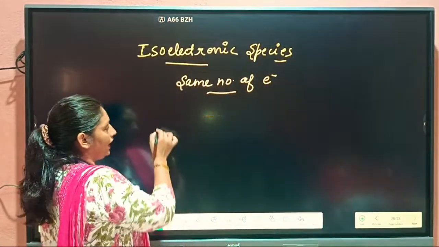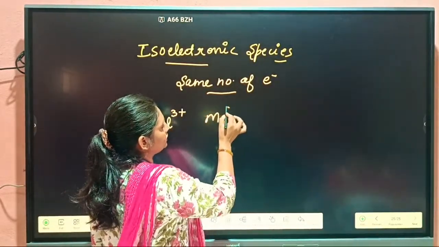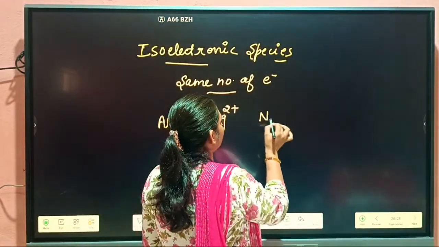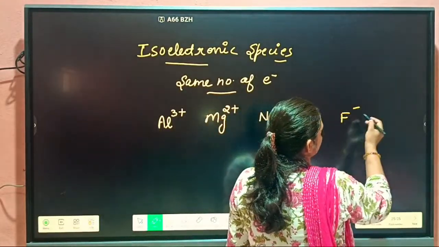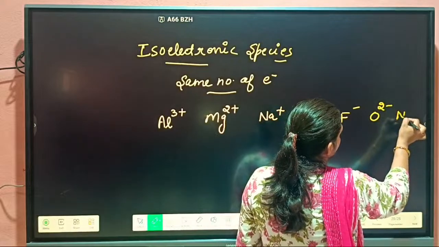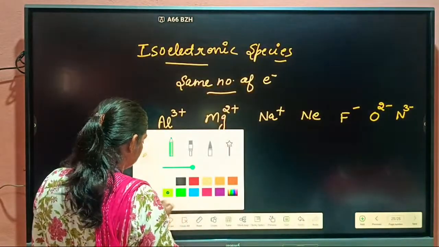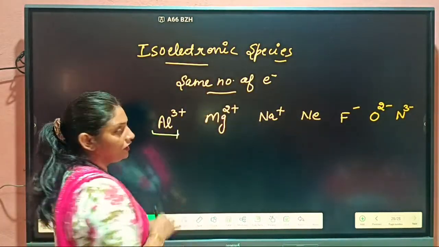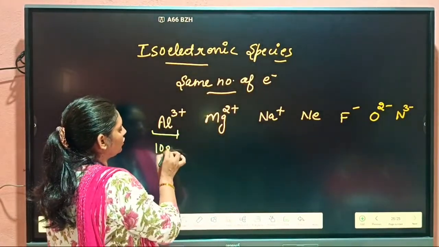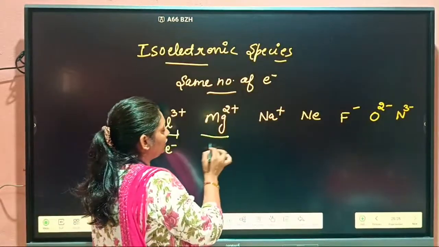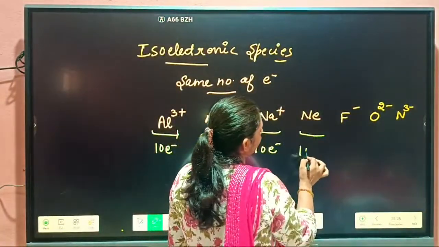For example, if we have Al3+, Mg2+, Na+, Ne, F-, O2-, N3-, all of these have 10 electrons. Here aluminium has atomic number 13. It has lost 3 electrons, so there are a total of 10 electrons. Here also 10 electrons, and in this case also 10.